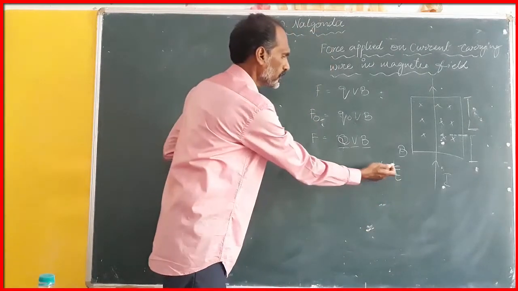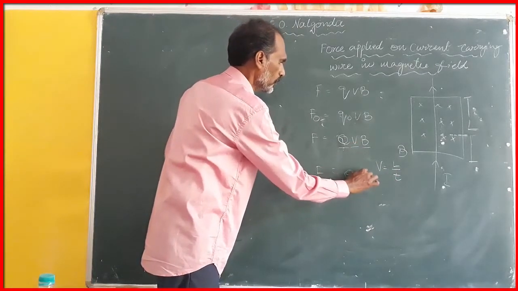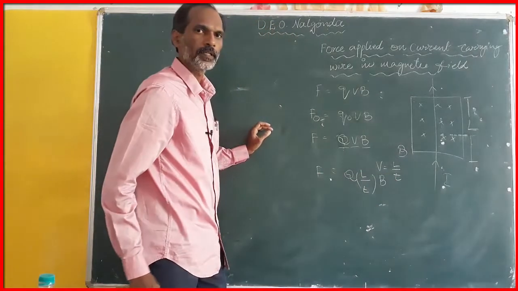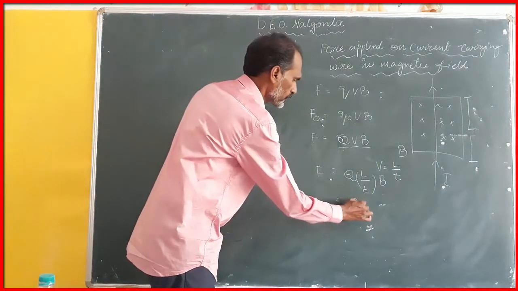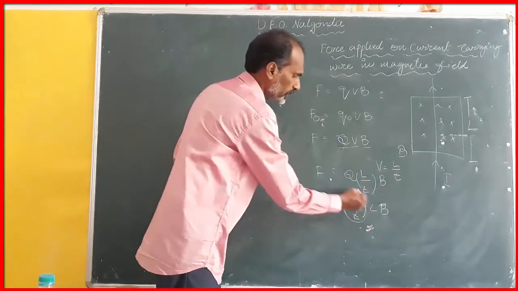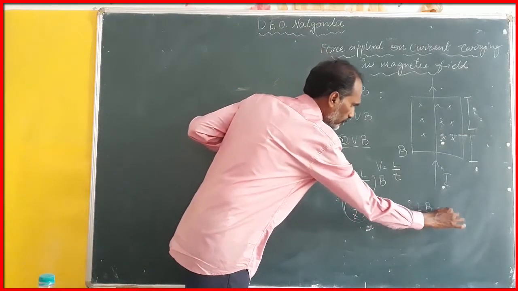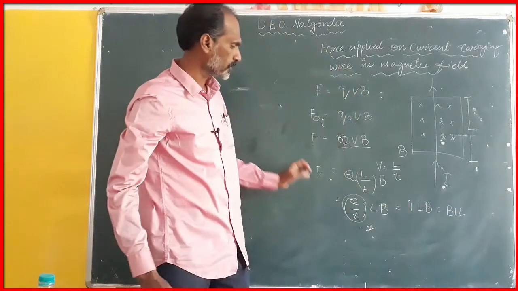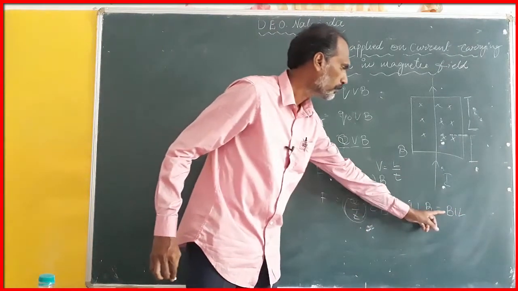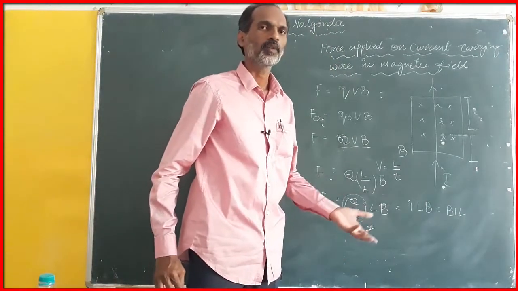If we substitute V equals L by t in the above formula, then F can be written as Q times L by t times B. This can be written as Q by t times L B. Q by t is the current, so this becomes I L B. This can also be written as B I L. It is very easy to remember: F equals B I L. BIL sounds like a bill, so we can memorize this formula very easily.